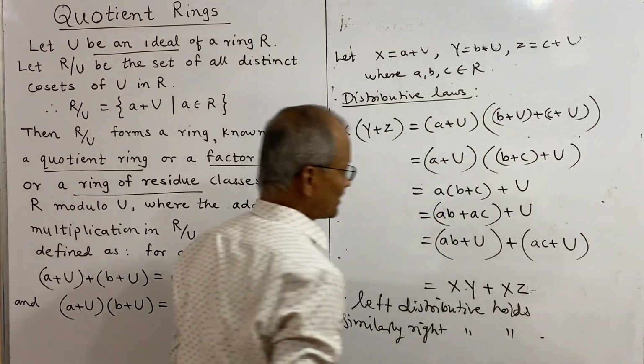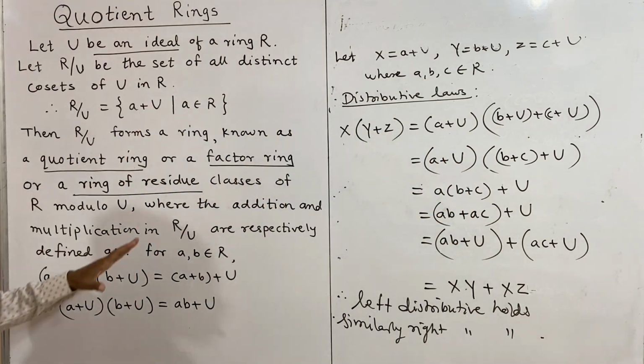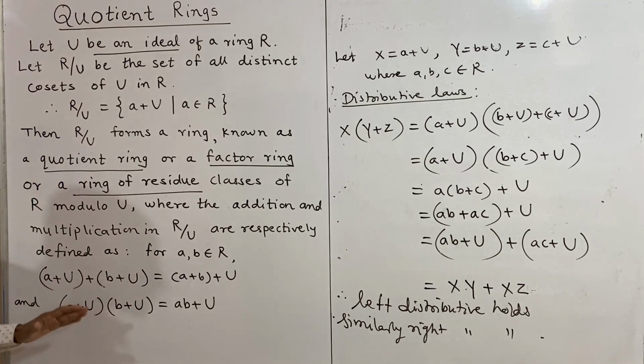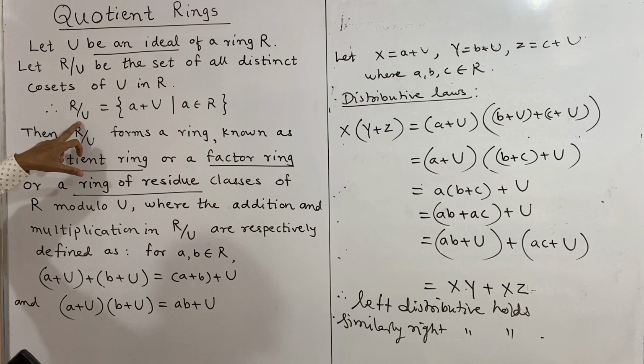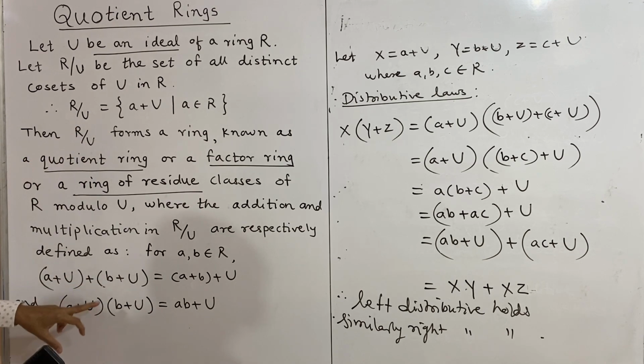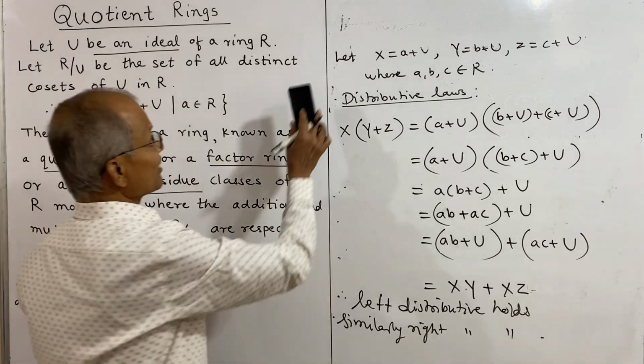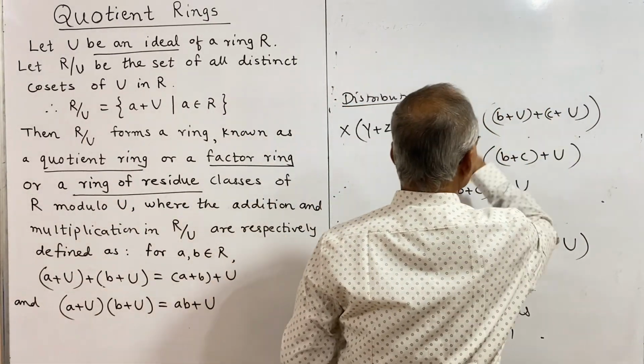and thus all the 8 axioms of ring structure are verified for this set R/U with the addition and multiplication operations defined like this. Hence R/U forms a ring.